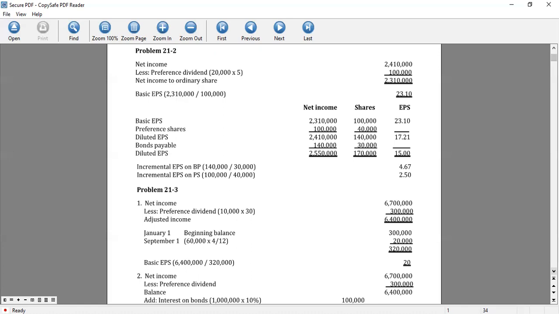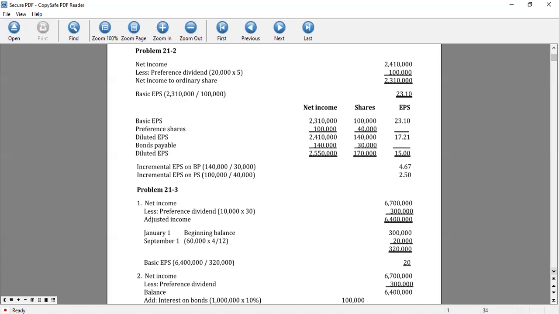And we have now the bonds payable. The amount of the bonds payable is 2 million, and we have now the number of shares to be converted for the bonds payable equal to 30,000 ordinary shares.